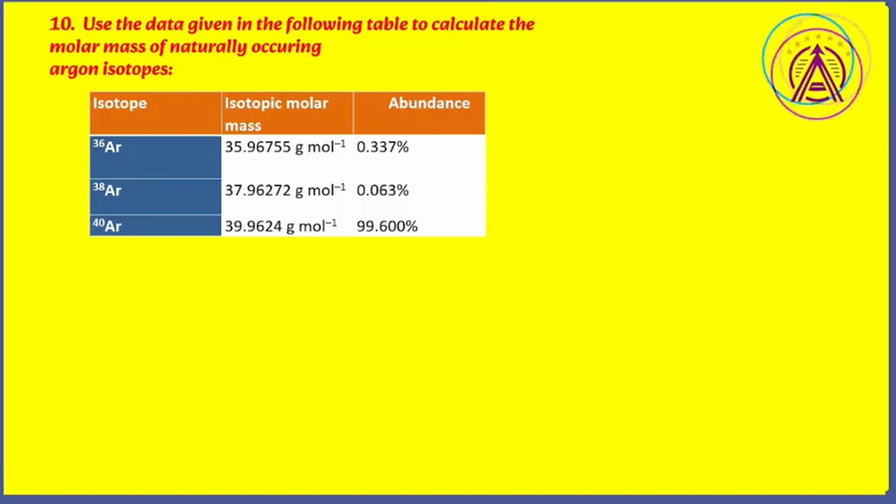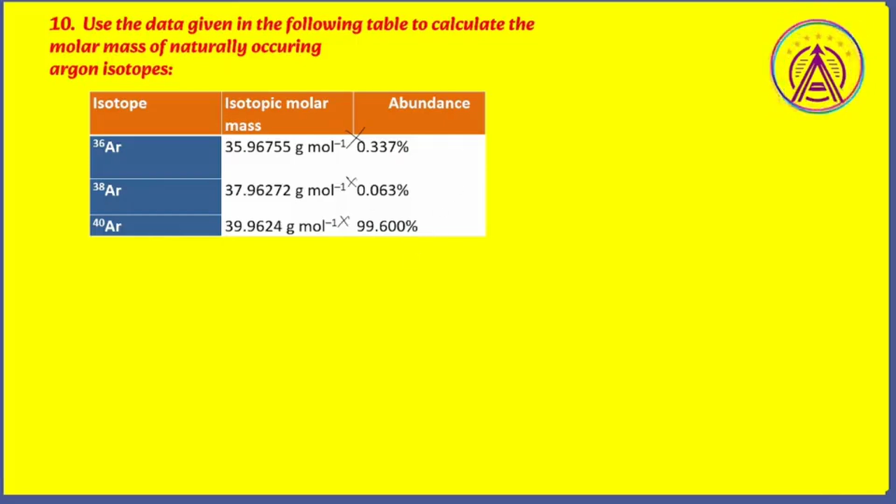Question number 10. Use the data given in the following table to calculate the molar mass of naturally occurring argon. Remember, whenever you are given the isotope and its abundance, all you have to do is multiply the isotope mass by its abundance. Here, argon 38, 37.96 grams per mole, into 0.063, and argon 40 is 39.96 into its abundance, which is 99.6.